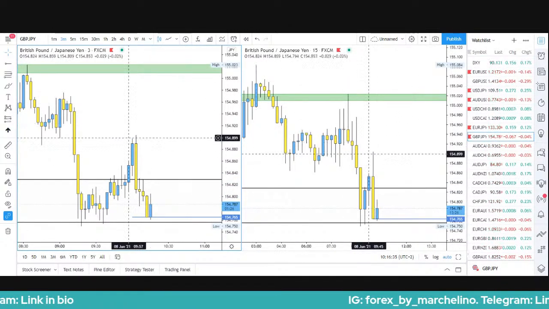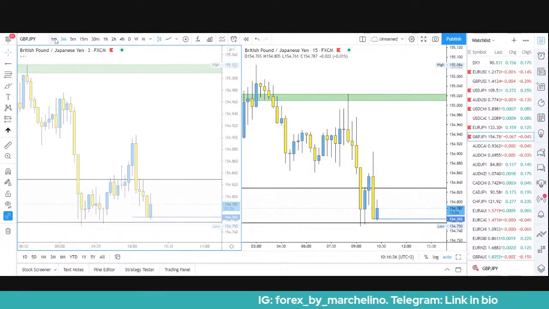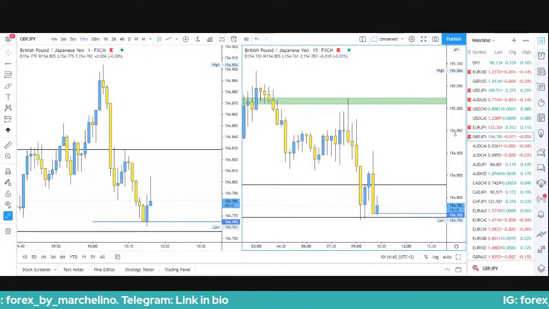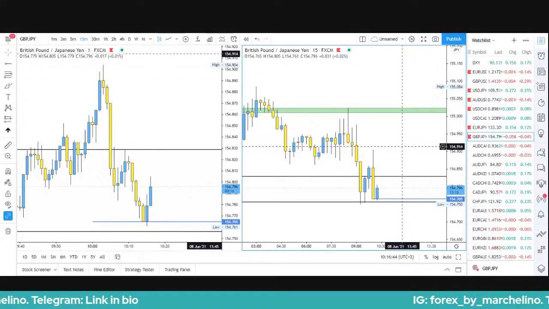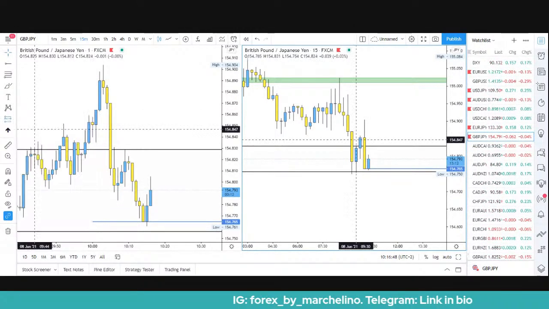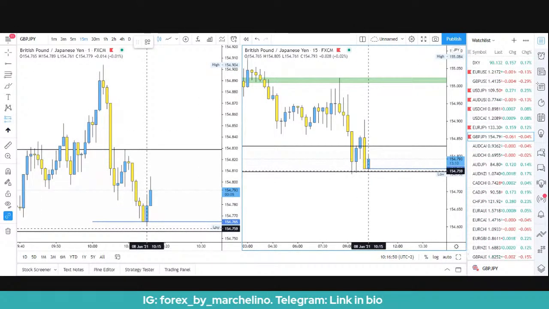Okay, GBP JPY. Looking like it's actually pushing higher to create that wick. Let's see if we can get it in. What number is that?